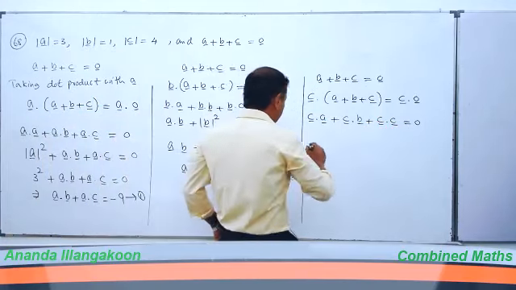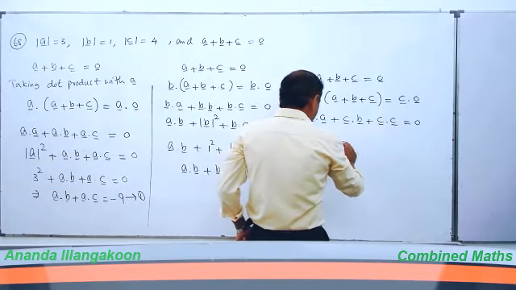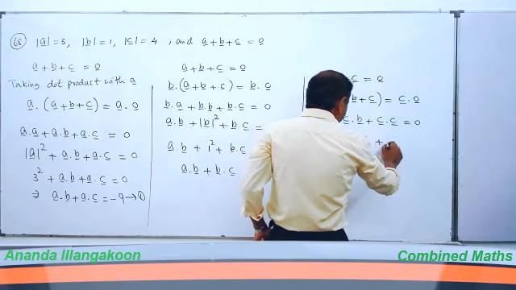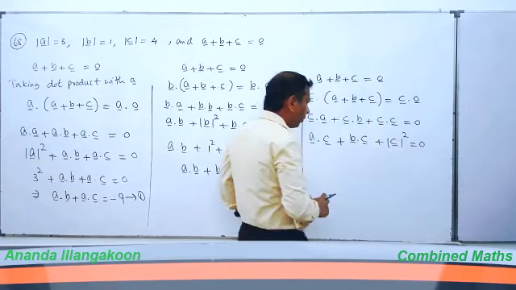So C dot A I can write as A dot C, and C dot B as B dot C. C dot C is nothing but mod C perfect square equals 0.